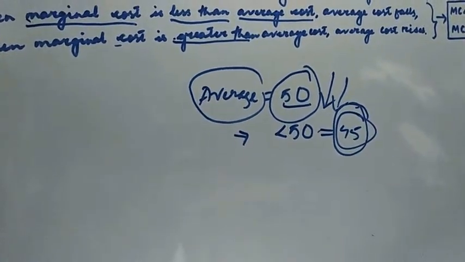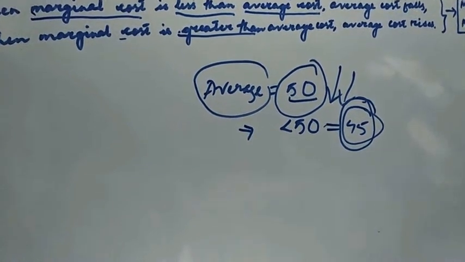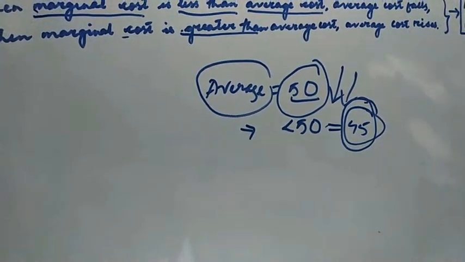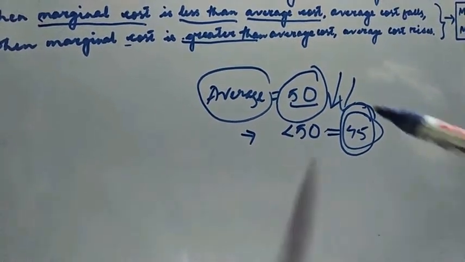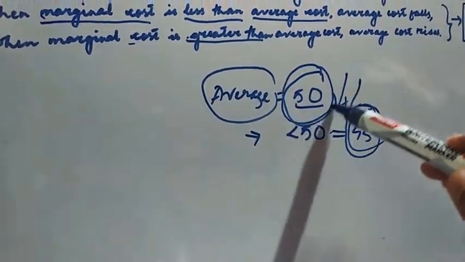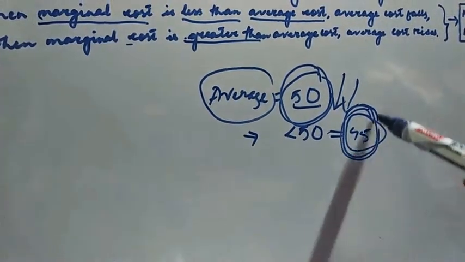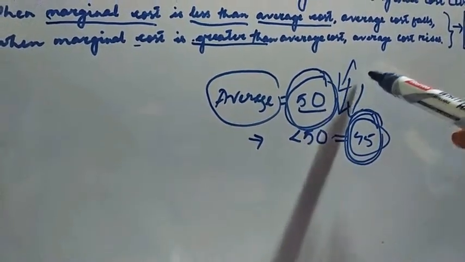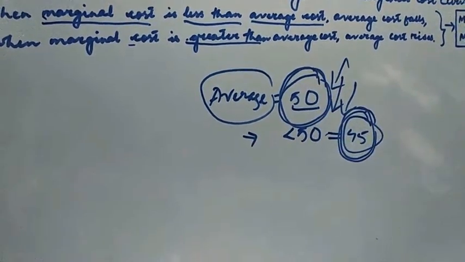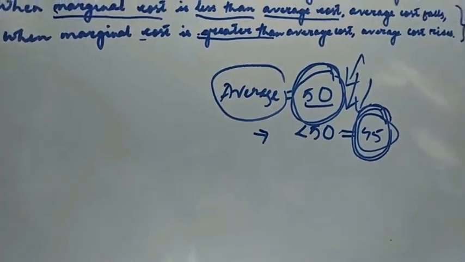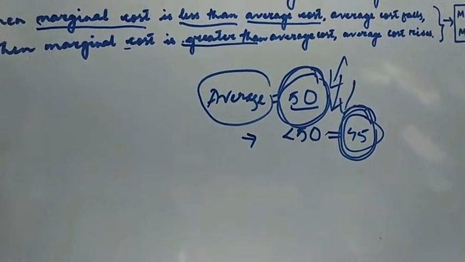If the addition to his score is less than his average, say 45, then his average will be affected and it will be less than his average. Why is it like that?